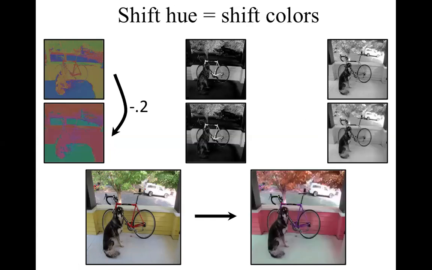Another thing that you can do is subtract 0.2 from your hue channel, and this will change all the colors in your image. You go around your cylinder, and basically you permute all your colors.